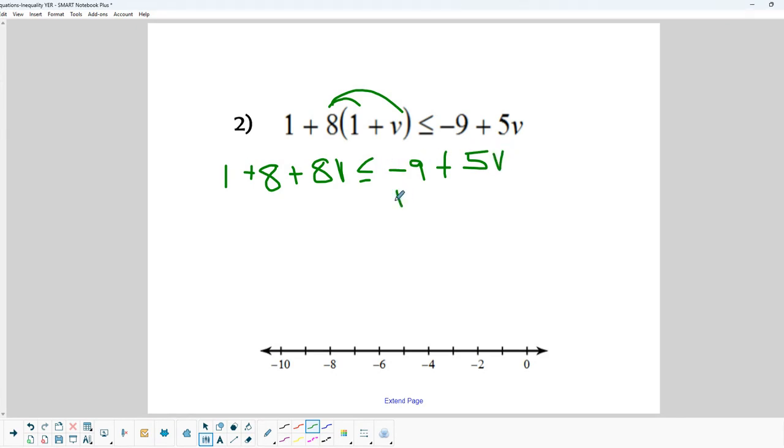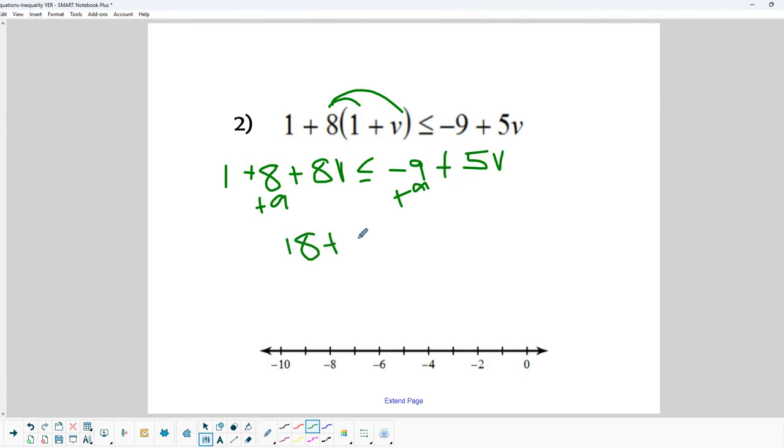All right, so I'm going to add 9 to both sides. I'm kind of jumping the gun here a little bit. I have 1 plus 8 plus 9. So 1 plus 8 is 9, and 9 plus 9 is 18.